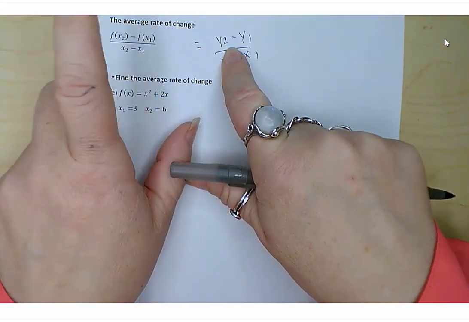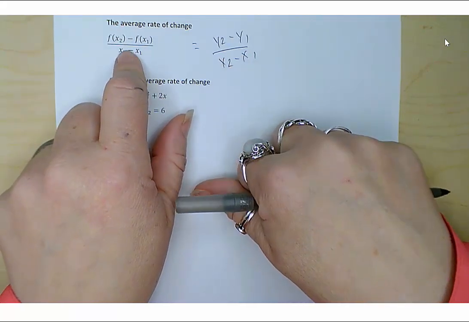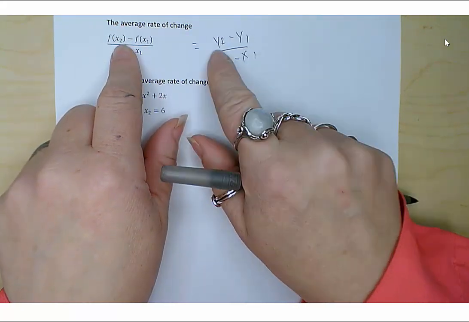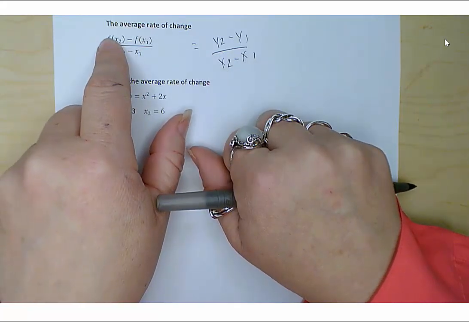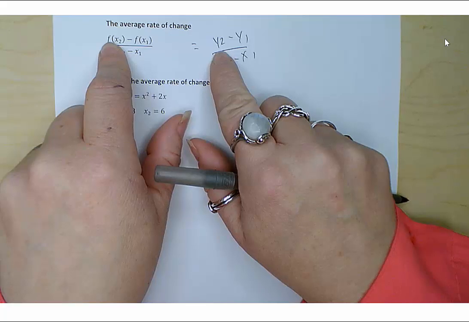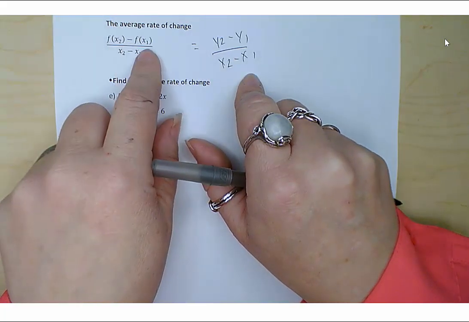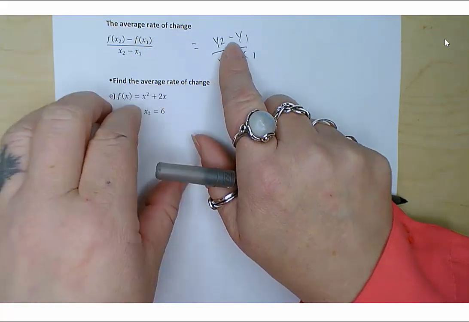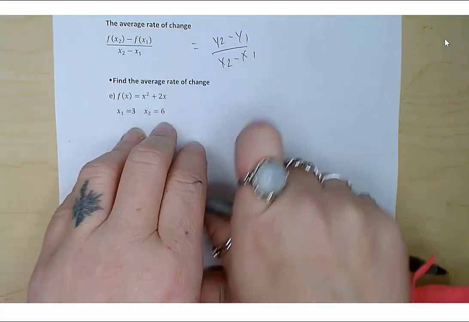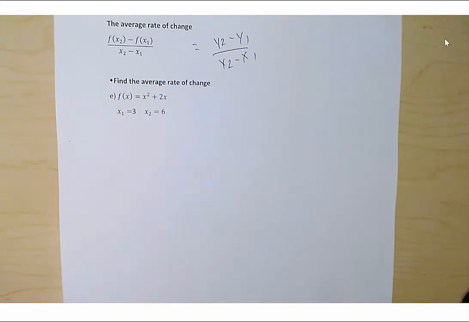Our numerators, this numerator is just in function notation. f of x2 is the same thing as y2. If you took x2 and plugged it into your function, that result would be your y2. If you took x1 and plugged it into your function, that would be your y1. So really the average rate of change is just the slope formula is all we're doing here.